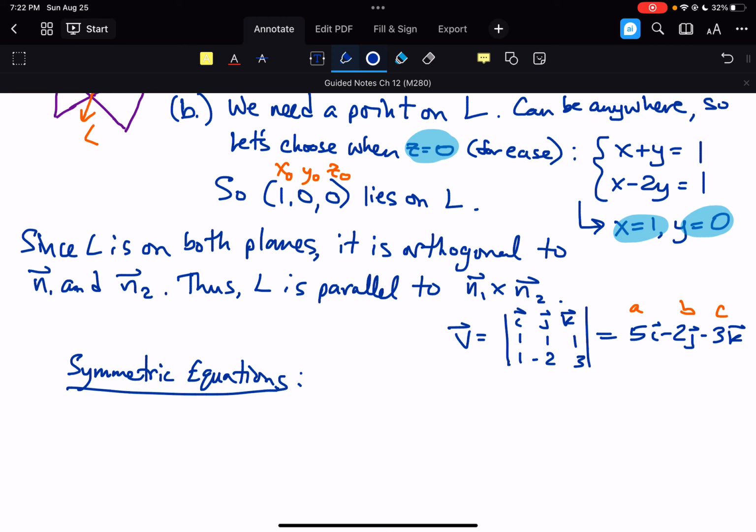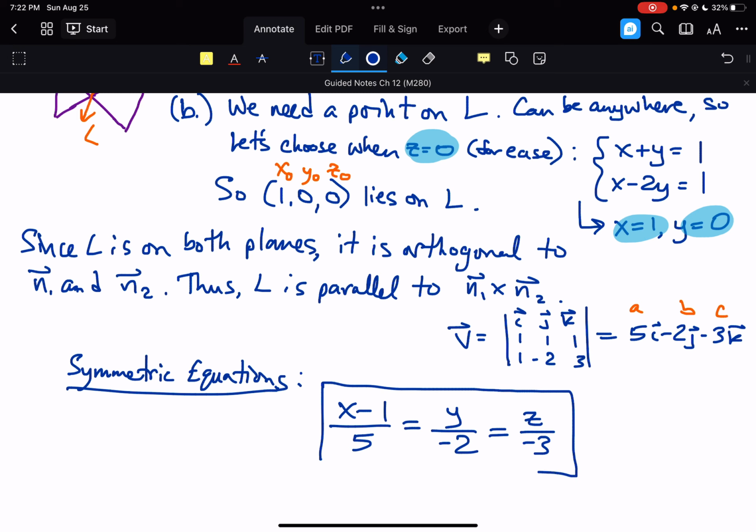So we're going to get (x minus 1) over 5 equals y minus 0, so just y over negative 2, equals z, also minus 0, over negative 3. And those are the symmetric equations of the line of intersection between those two planes.